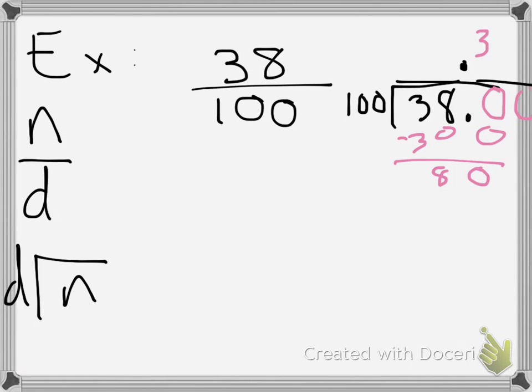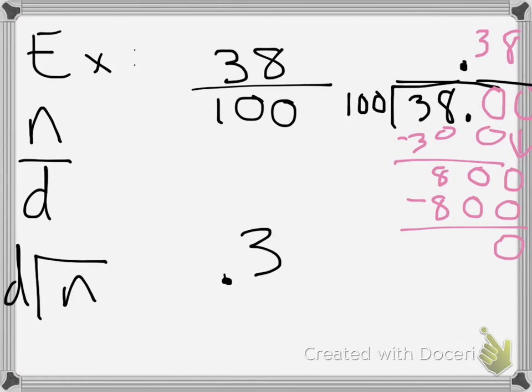No, but if I add a 0 and bring it down, now it's 800. 100 goes into 800 8 times. 100 times 8 is 800, and then we've got 0 left. So our answer ends up being 0.38, or 38 hundredths. If you don't know how to do it after that, make sure you come to my tutoring.